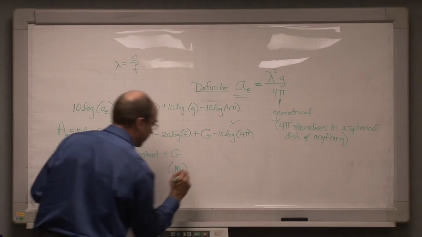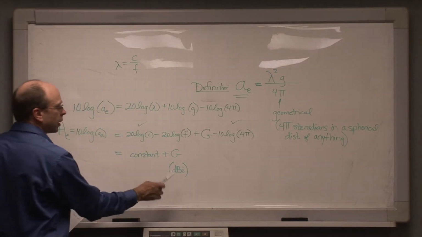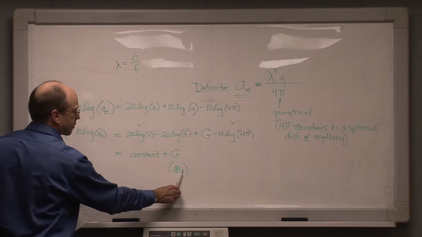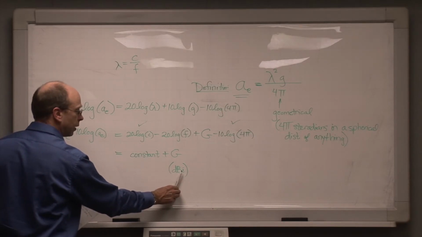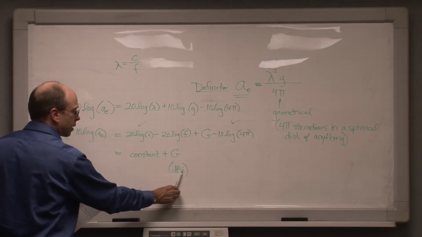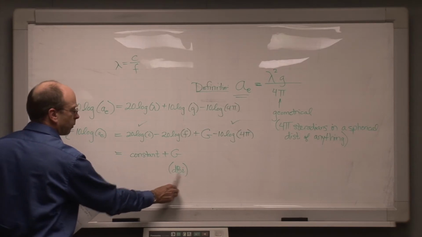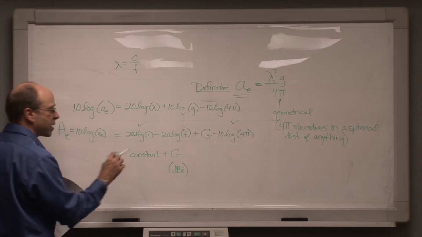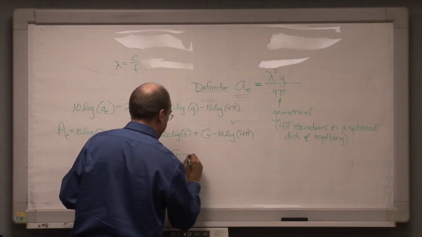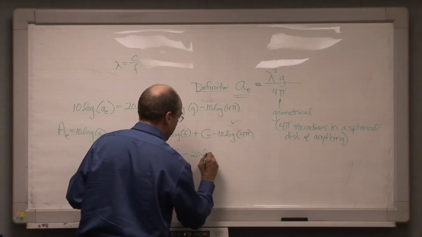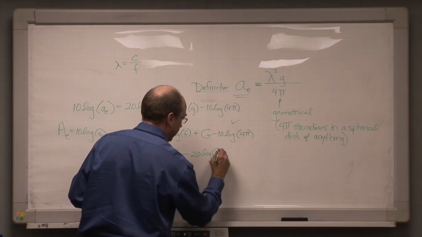People often write the gain of an antenna as just dB, but it's usually decibels relative to isotropic. Now, if they're comparing it to a real engineered constructed antenna, then they're typically comparing it to a dipole, in which case it'll be decibels relative to a dipole, which is dBd, but we'll leave it as dBi here. And then, and this is the tricky part I want to come to, minus 20 log of the frequency.